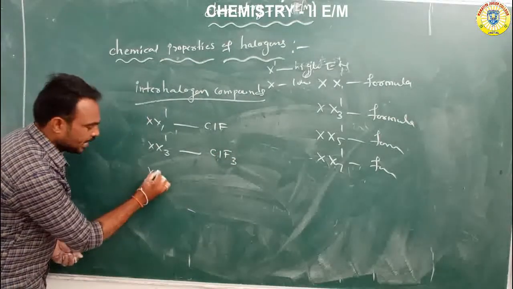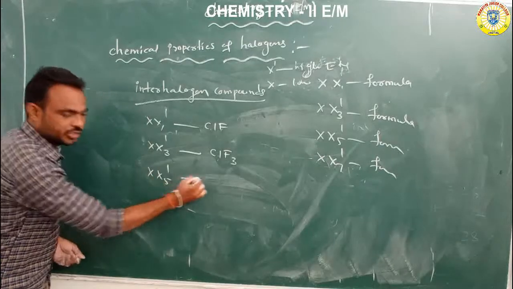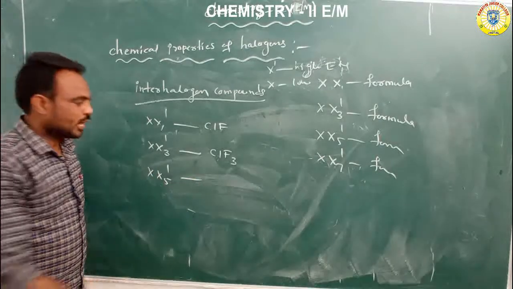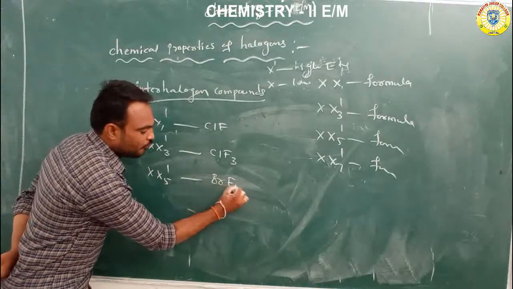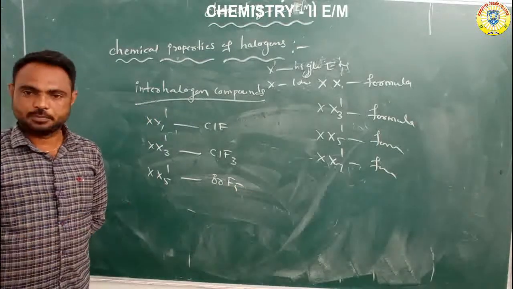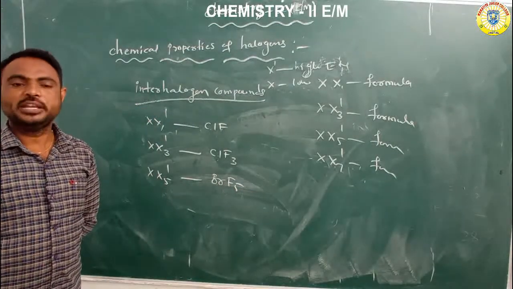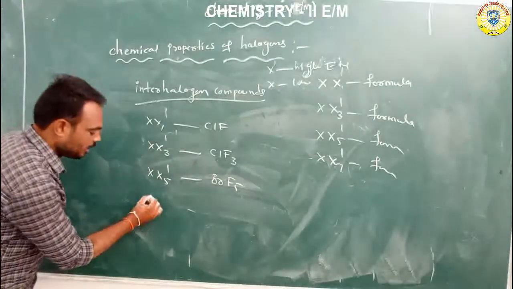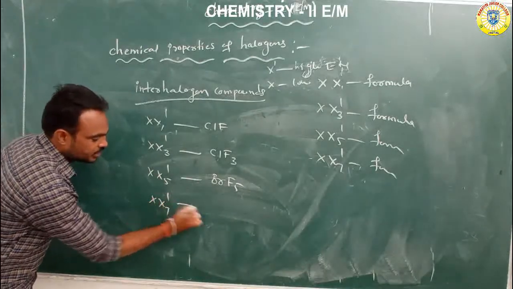Or suppose XX5', BrF5, it is one of the best examples, bromine pentafluoride. And XX7', IF7.